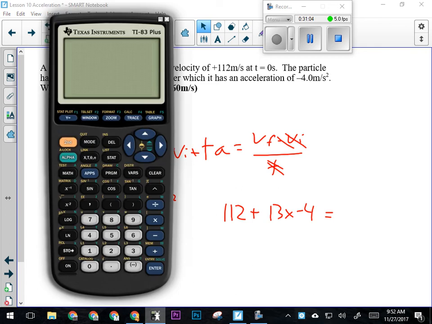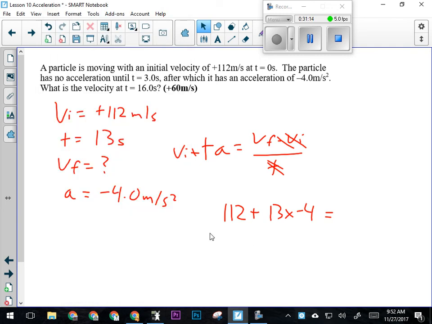So 112 plus 13 times -4 gives us 60 meters per second. And that's positive because we were given positive and negative in the question. Okay, always be on the lookout for dirty tricks like that.